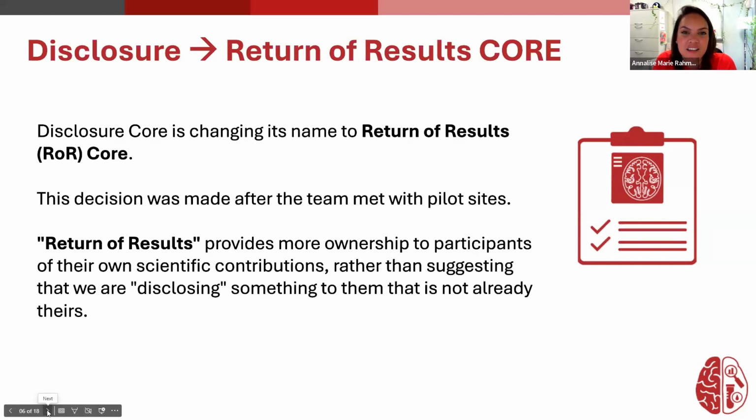Whereas disclosure has a bit of a connotation of something that we're withholding and choosing to share selectively. So just a very quick announcement that if you see updated terminology around return of results instead of disclosure, that is why. And please be patient with us as we go through that transition in all of our language.